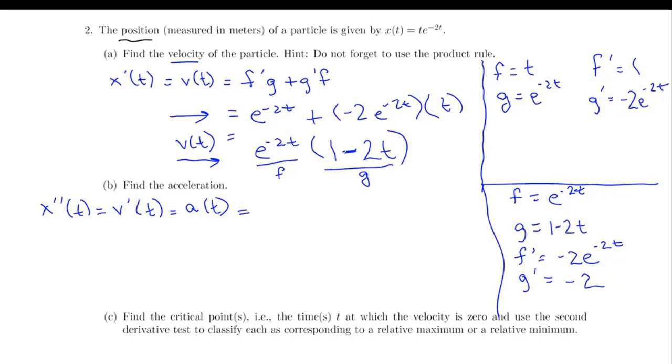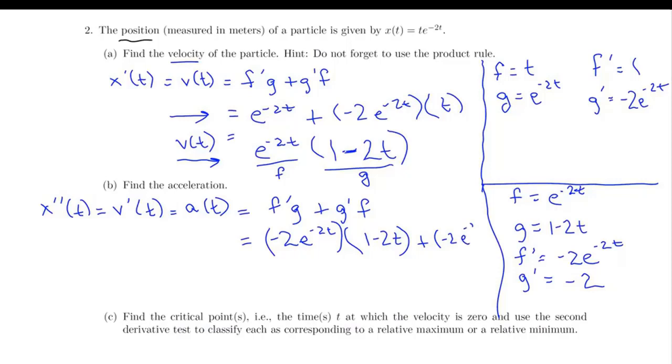This equals f prime g plus g prime f. I have f prime is negative 2e to the minus 2t times g, which is 1 minus 2t, plus g prime, which is negative 2, times f, e to the minus 2t. I can actually just factor minus 2 e to the minus 2t out of both terms.